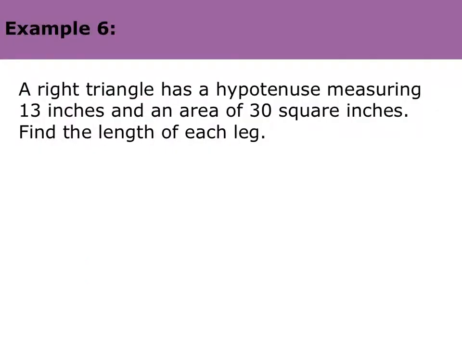Our last example is an application. It says a right triangle has a hypotenuse measuring 13 inches and an area of 30 square inches. Find the length of each leg. So we've got a right triangle, and it says the hypotenuse is 13, and we are going to call the legs x and y.